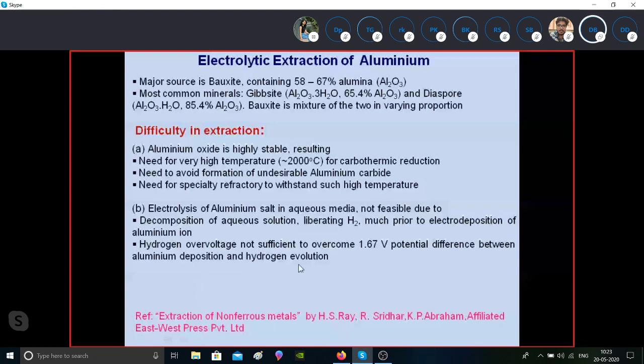Such a high difference in voltage cannot be covered by hydrogen overvoltage. Okay. Is it clear what makes my aluminium extraction so special and difficult?